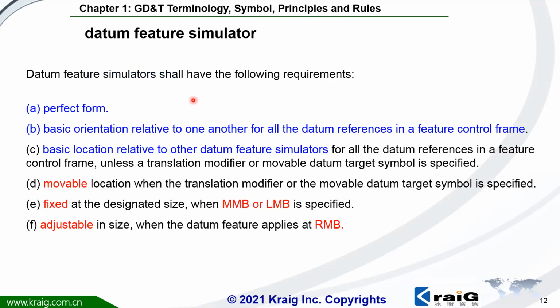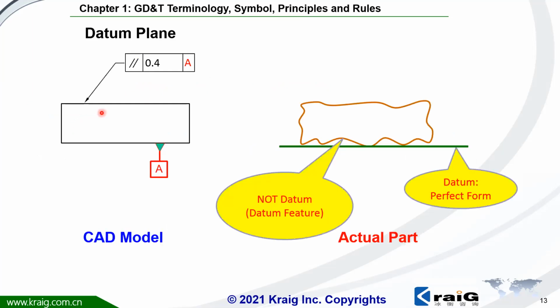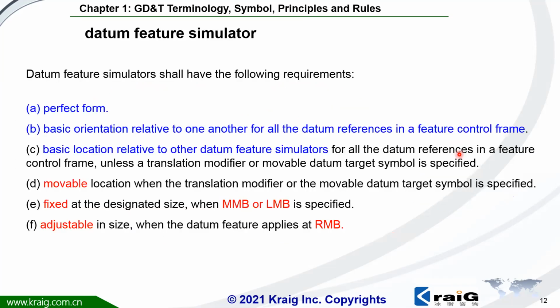Let's have a short summary. A datum simulator from a plane shall have the following requirements or characteristics. First, it's supposed to be perfect form. Even if the datum feature is not perfect, the datum simulator is supposed to be perfect. Second, all of the datum simulators are supposed to have a basic orientation related to one another for all of the datum references in the feature control frame.